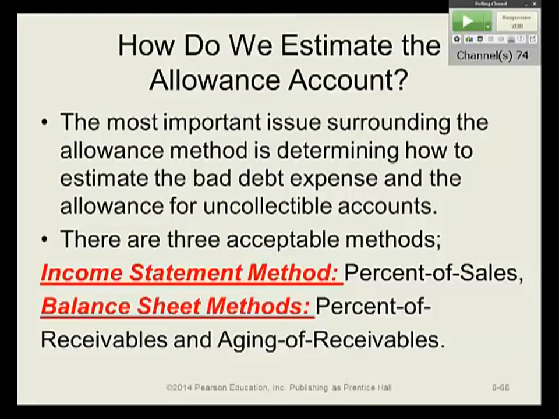We have one method which we call an income statement approach, which is called the percentage of credit sales. And we have two methods that we call balance sheet approaches, which are the percentage of receivables and the aging of accounts receivable. And what we mean by balance sheet and income statement approaches is the following.